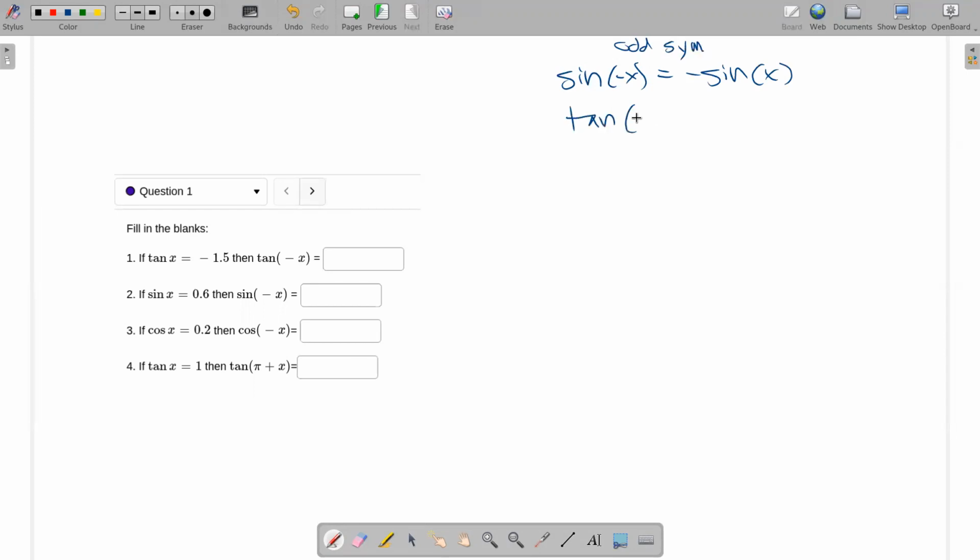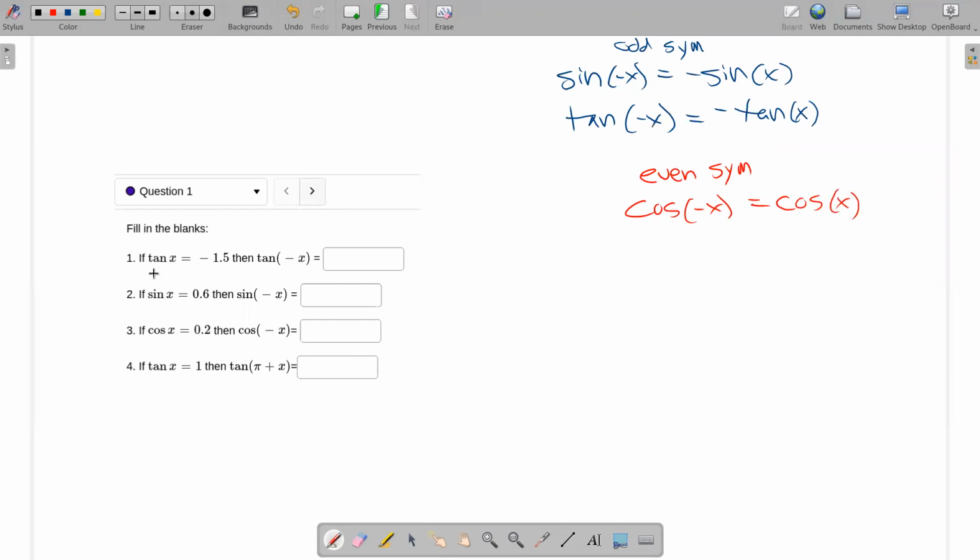Similarly, the tangent of negative x is the opposite of the tangent of x. So we switch the sign inside, the sign switches outside. Conversely, we have the idea of even symmetric, like the cosine, negatives disappear.